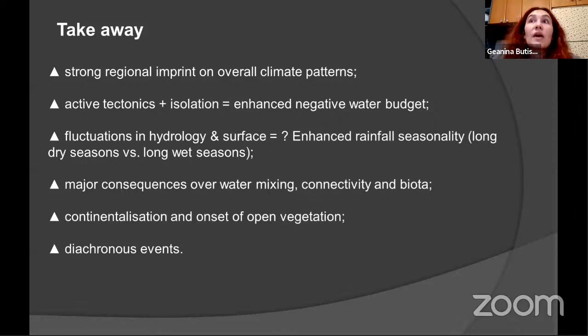So as I was saying, what we see in this basin, in the Eastern Paratethys, is mostly a regional signal, but added to the overall Paratethys situation, it starts to make more sense. The active tectonics and the protracted insolation might have enhanced the negative water budget, as I was explaining with the surface reduction.